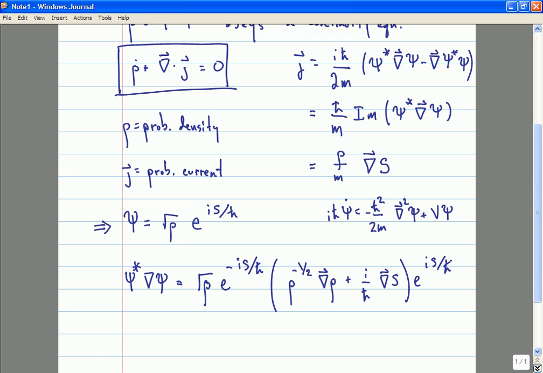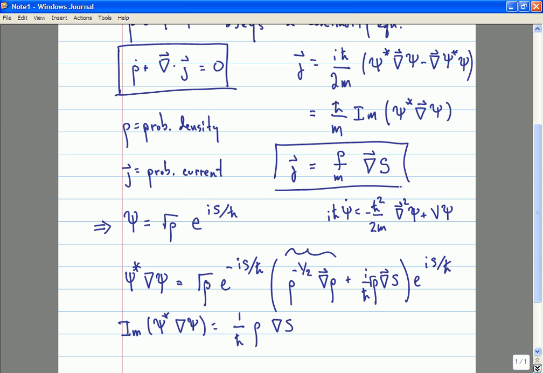The phases cancel, and when we take the imaginary part, we throw away this piece, and we're just left with the gradient of S. The imaginary part is going to be, let's see if I get all of the factors right, 1 over ħ. Sorry, there was a square root of ρ out front, times square root of ρ times the gradient of S. Okay, so you can see that another expression for the probability current is that it's ρ times the gradient of the phase of the wave function.